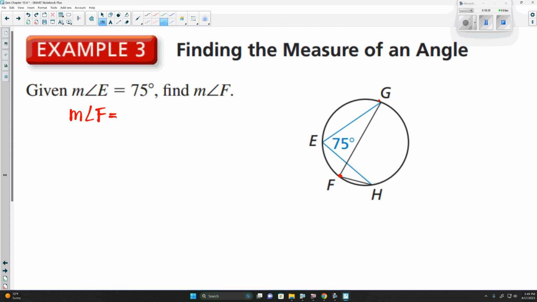They're congruent, so the measure of angle F is 75 degrees. Because we could work through it and find the measure of arc GH, which would be 150, twice 75. And then GFH is half the measure of that arc, which is 75.